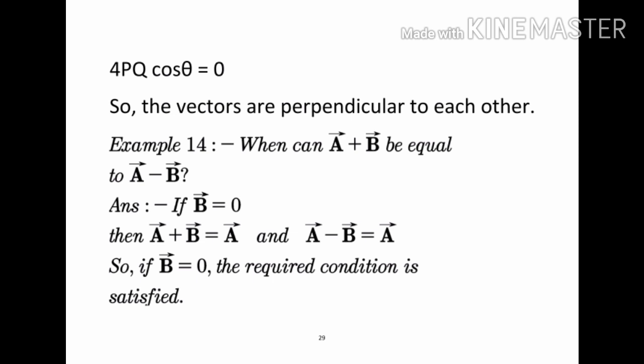And next one, example 14. When can A bar plus B bar be equal to A bar minus B bar? And this is different from the first problem, that means the previous problem. In this case, A bar plus B bar is equal to A bar minus B bar, that means with direction also.